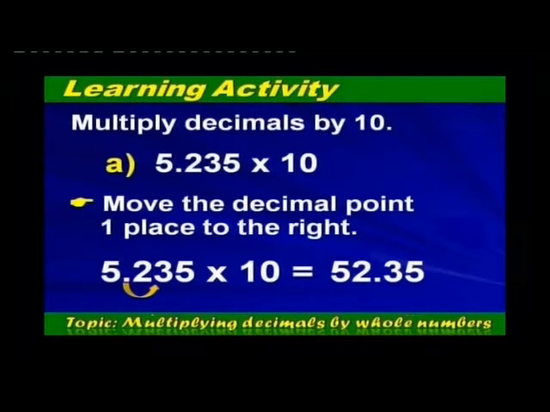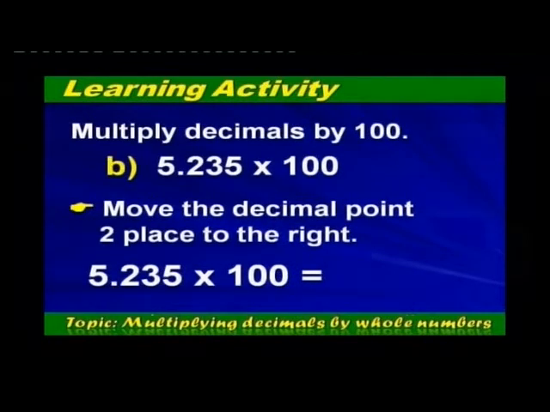The answer is 52.35. We are moving one decimal place to the right, just one place only. So students, the rule is when multiplying by 10, you move the decimal point one place to the right, one place only.